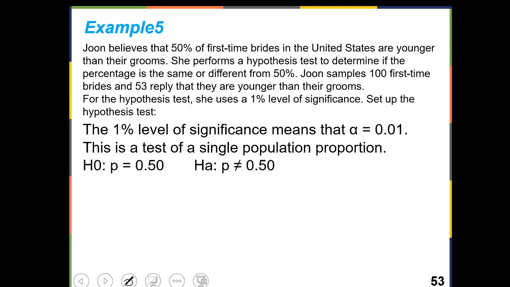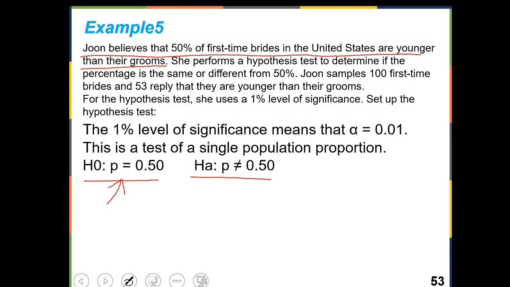Okay, first of all, we have to write the hypotheses. So here, the hypothesis is that, because it says June believes that 50% of first-time brides in the United States are younger than their grooms, this is something that we want to test, right? So she performs a hypothesis test to determine if the percentage is the same or different.